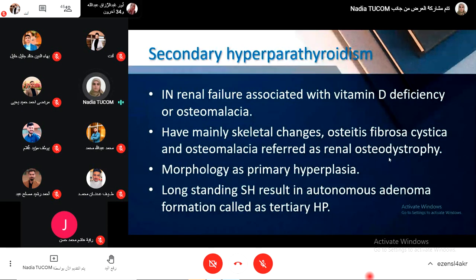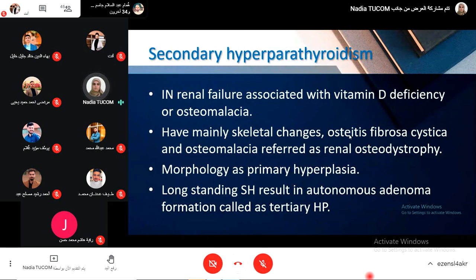Secondary to renal failure, these are what we called bone pain, bone changes, and osteitis fibrosa cystica, which is not a cystic dilatation, but rather, due to excessive resorption of bone, there will be cystic spaces or vacuolation of the bone as a result of chronic hypocalcemia of renal failure.